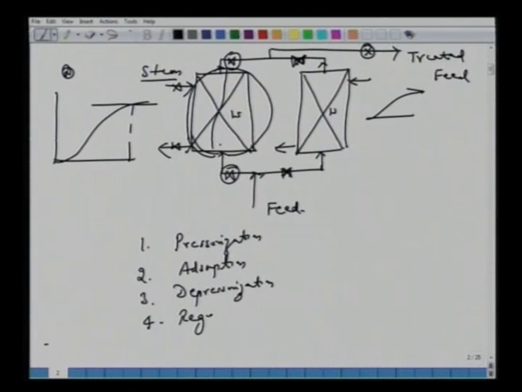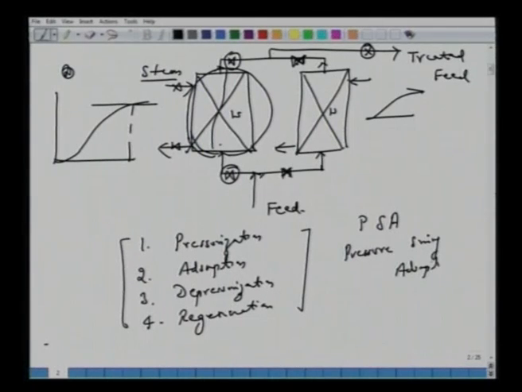So typically these are the four steps in a continuous cycle. We call it PSA: pressure swing adsorption. So we swing the pressure between the two beds.